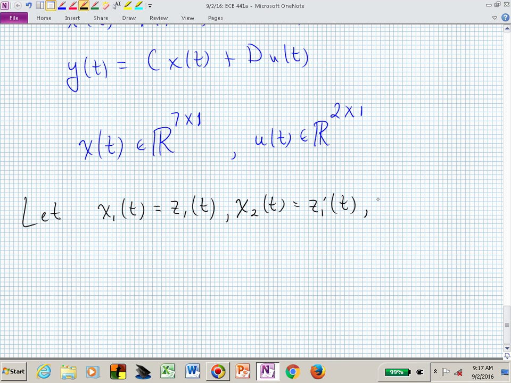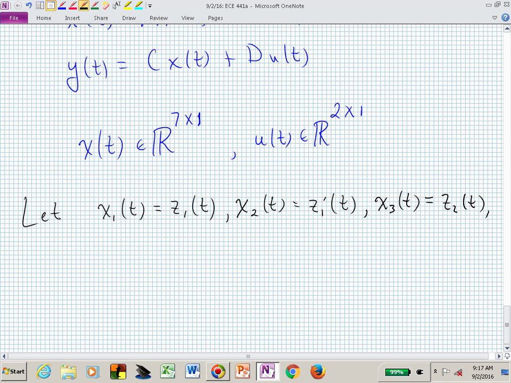What's x sub 3? X sub 3 is whatever we want that's left over, but let's go ahead and go in the logical order. Let's call that z sub 2. Then x sub 4, let's say that's z sub 2 prime, or the velocity of mass 2. X sub 5, let's say that's the position of mass 3, z sub 3.